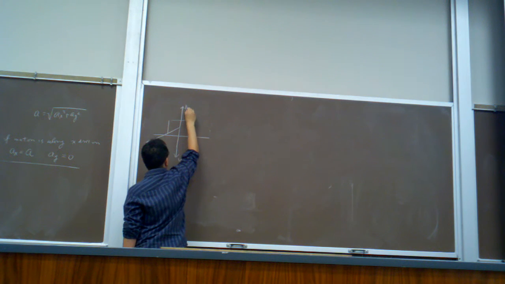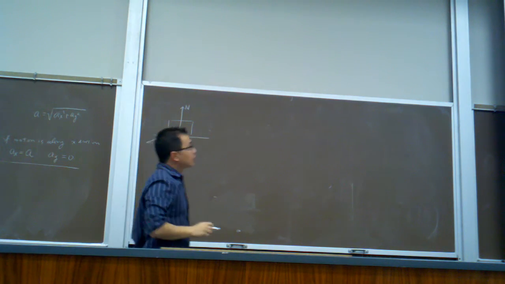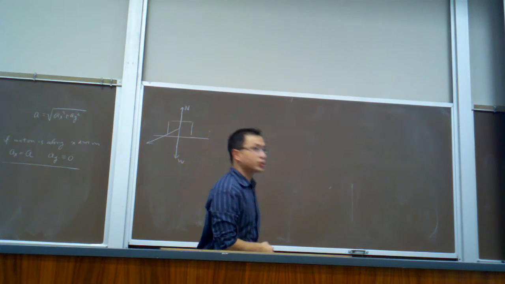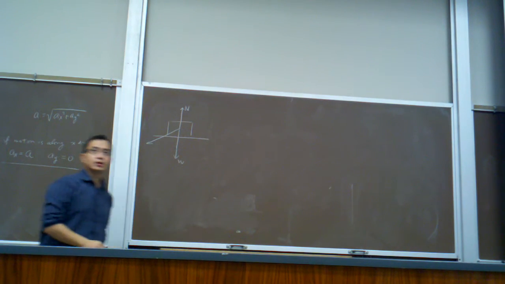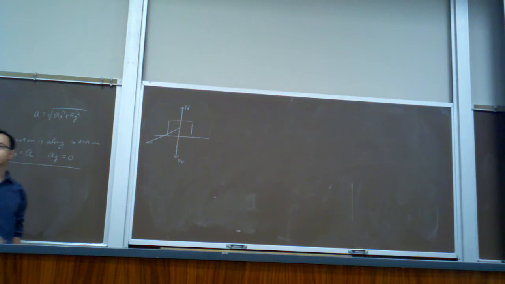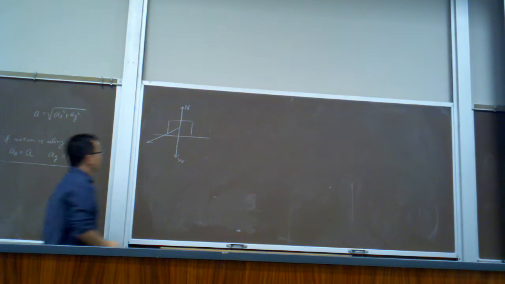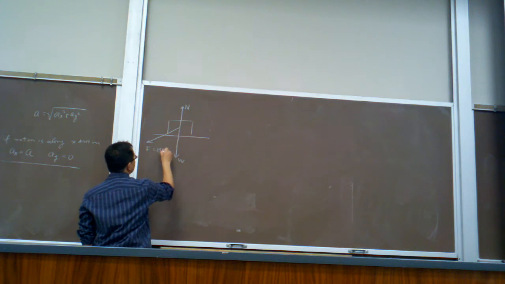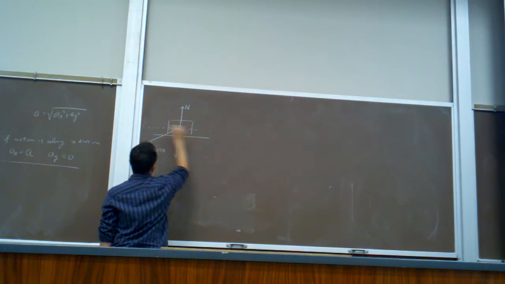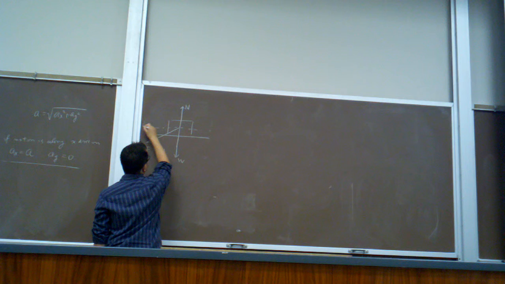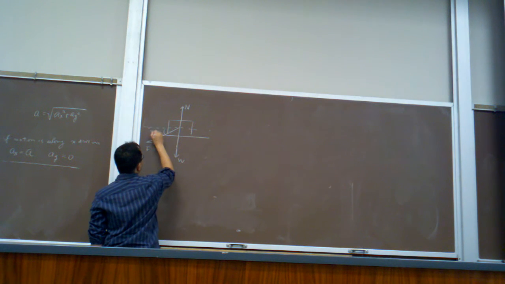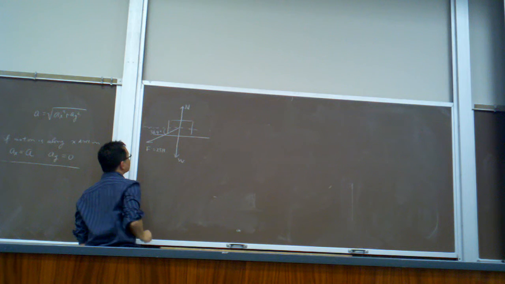Normal force N. Let's treat it as frictionless ground, so we don't have frictional force. So F equals 25 Newton. The angle here is 36.9 degrees.